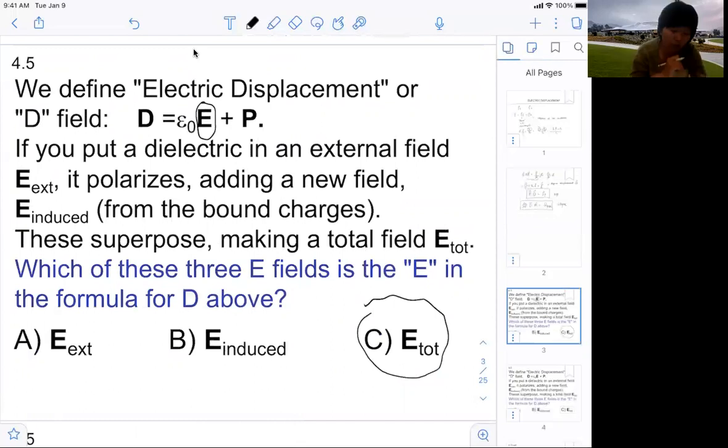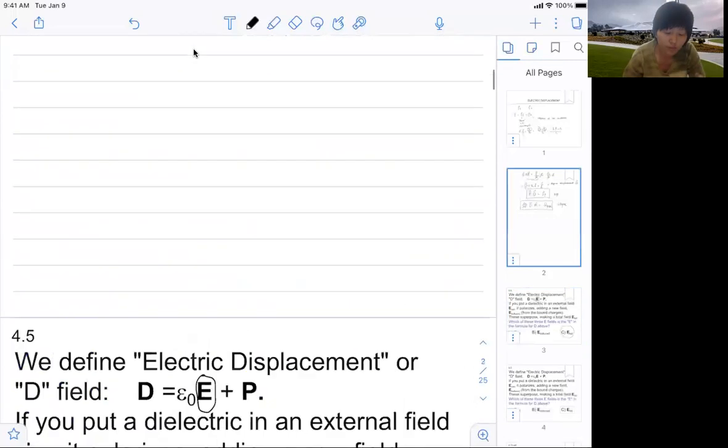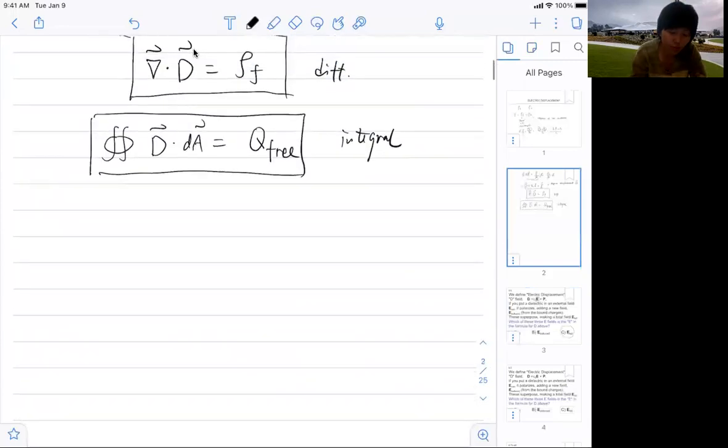Okay, so why do we want to define a D field? By looking at these two equations, you probably notice that the right-hand side is easy to calculate. It's also something that can be easily known to us. The free charges are something you place yourself, you have control over.